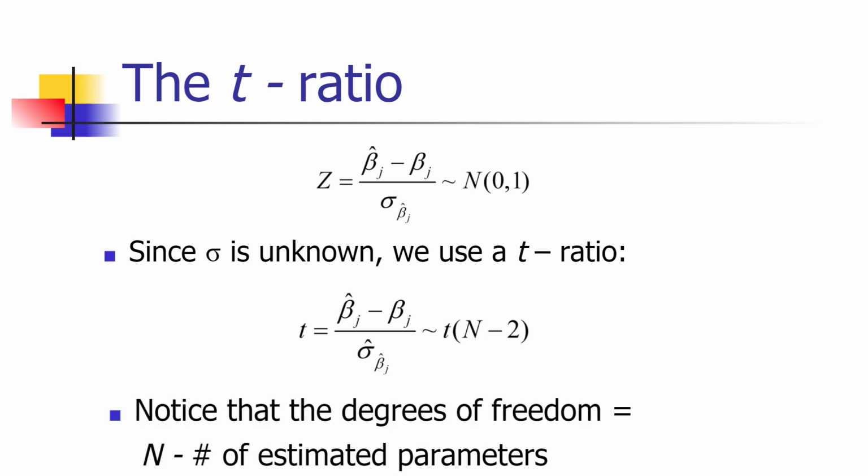And notice that the degrees of freedom here is n minus the number of parameters you needed to estimate in order to compute that statistic. In this case, you needed to compute both the intercept and the slope parameters to be able to determine these t-ratios, as they're called.